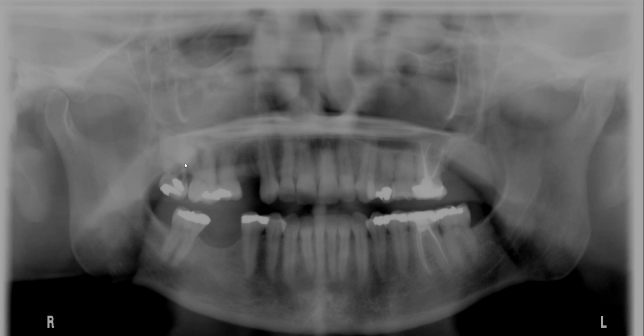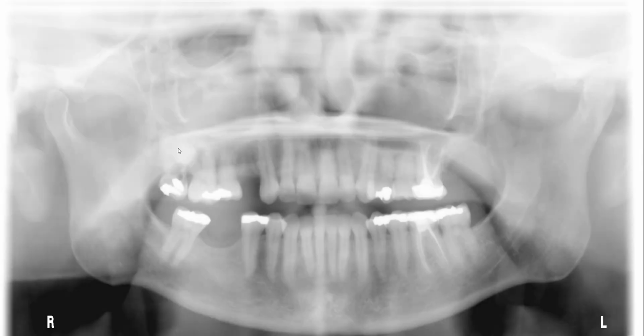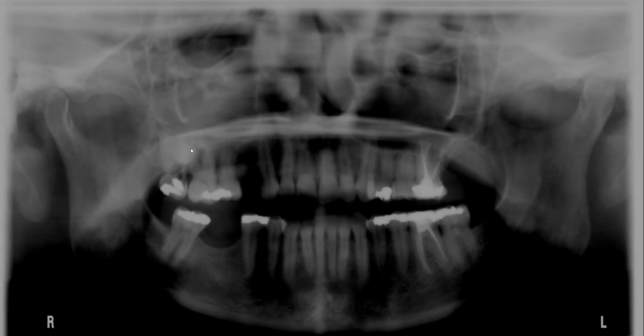As a matter of fact, from this view, it looks as though the third molar is superimposed over the root apices of the second molar. Additionally, below the crown, you see large radiolucencies involving the cervical region of tooth number 2.